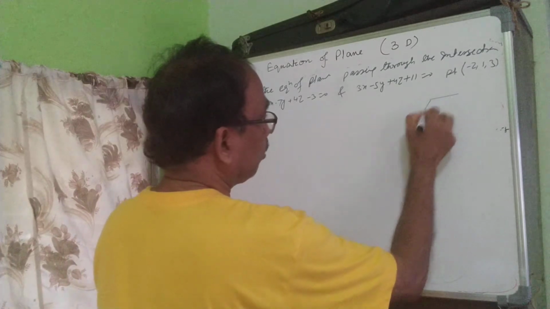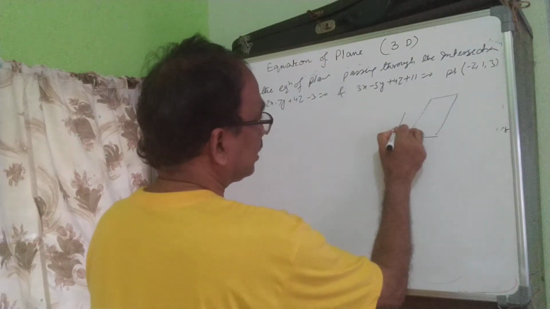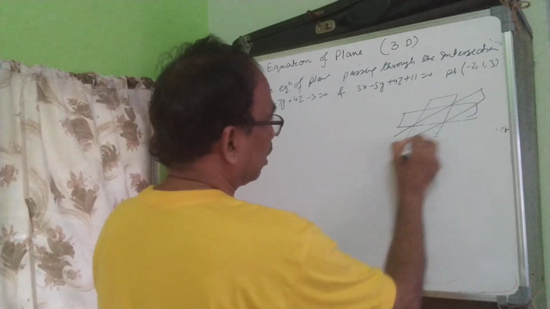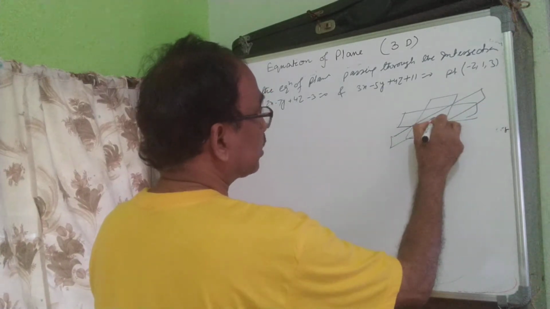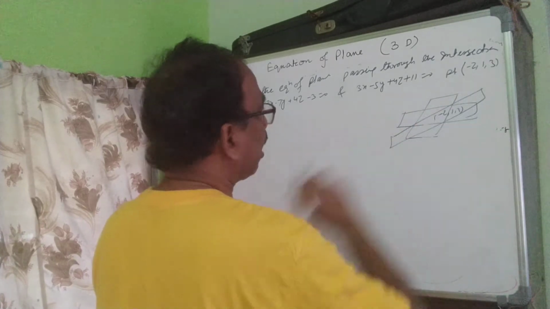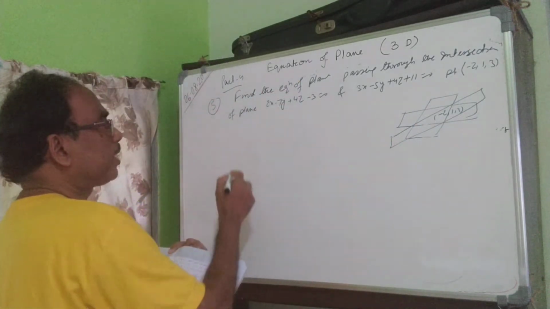Suppose this is the equation of one plane and this is the equation of another plane. The required plane passes through their intersection and through the point (-2, 1, 3). We have to find the equation of the third plane. Just like the previous sum, we write the joint equation.